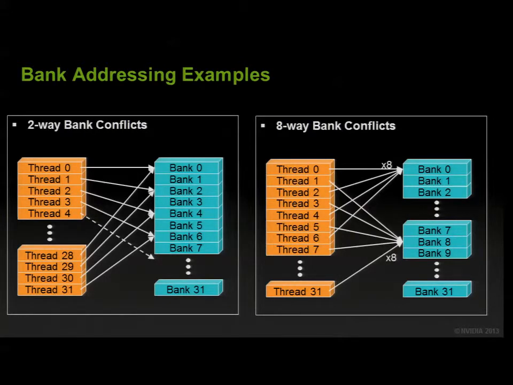So what will happen is that it's being serialized. Thread 0 will say, give me value A. At the same time, thread 28 says, give me value B. Value A will be delivered first, and in the second iteration, you will get value B.